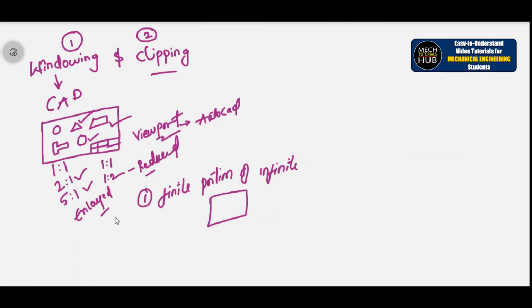That is the scenario. But we don't need the complete world coordinates. What actually we need is, we want to project the same specified zone to our screen coordinates. Okay, we need to do according to our screen coordinate system. So out of infinite world we are going to pick the finite portion.